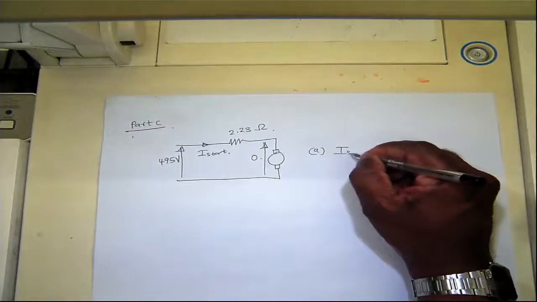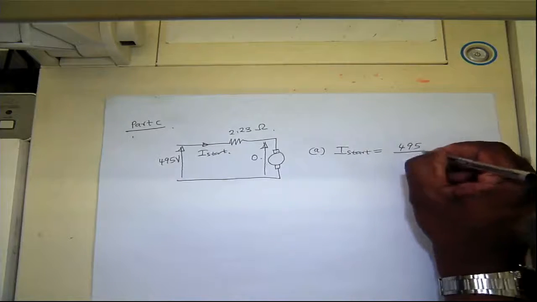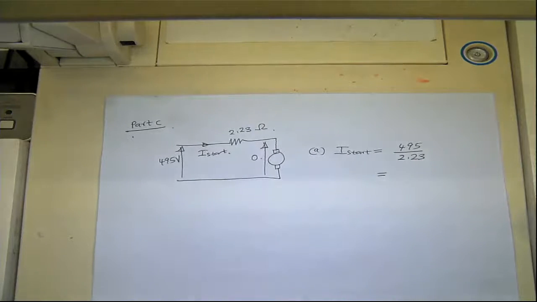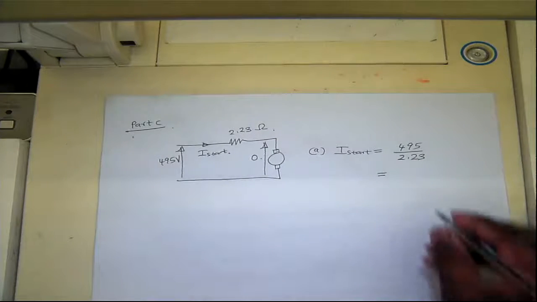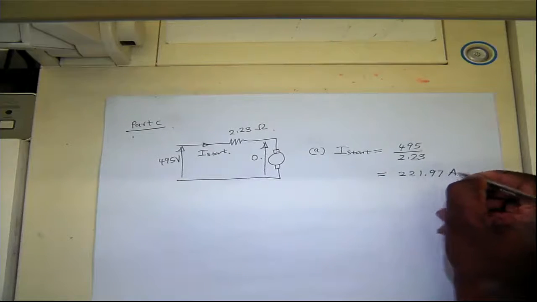So I start would be 495 divided by 2.23, which is 221.97 amperes.